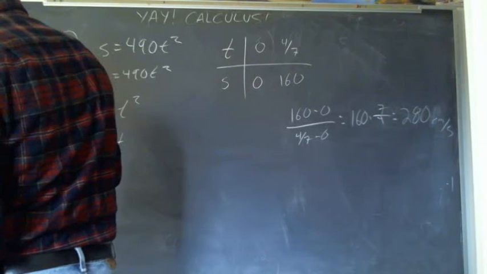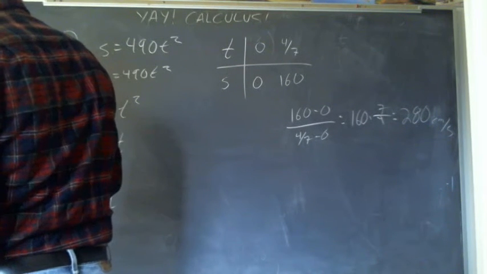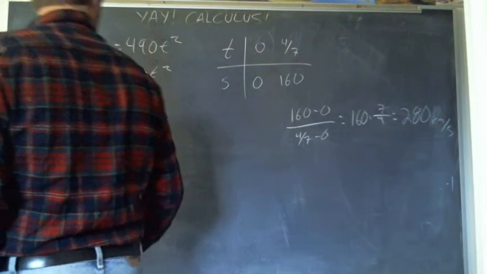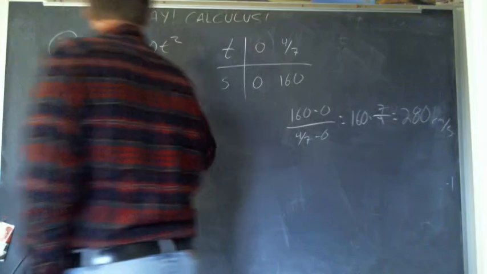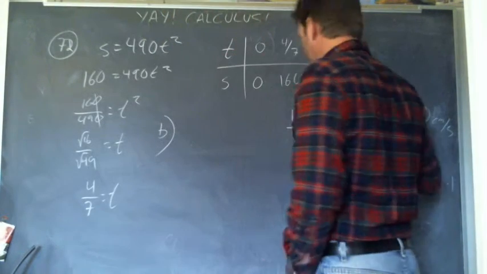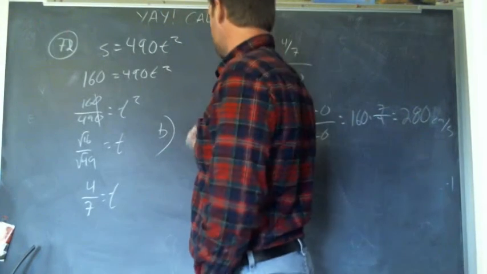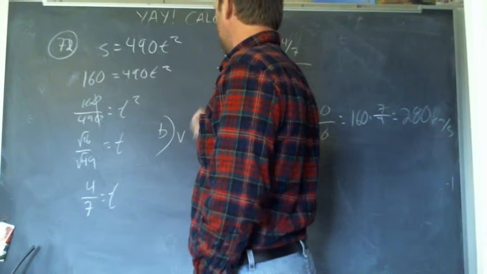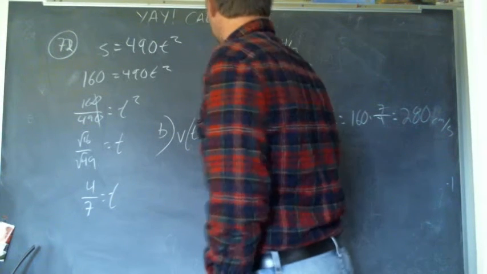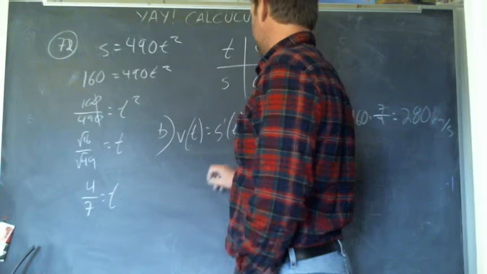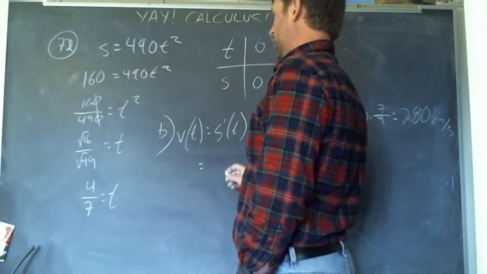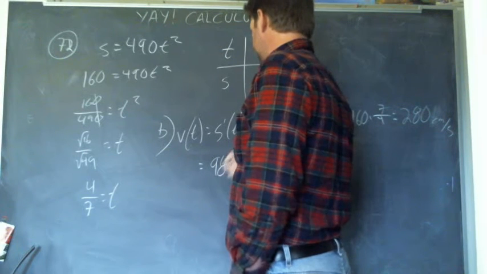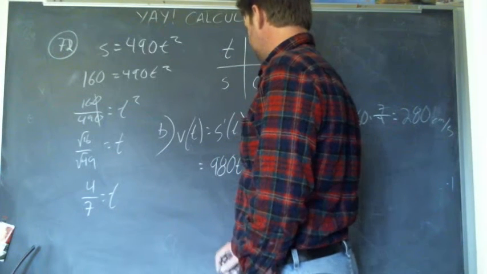How fast are the balls falling when they reach the 160 centimeter mark? What is their acceleration then? So here we go, part B. How fast are they going? We want our instantaneous velocity at time equals 4/7. Our velocity at a given time is the first derivative of our position, which is 2 times 490, which is 980t.